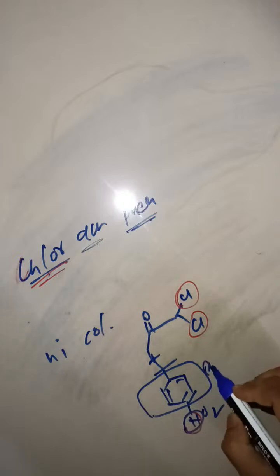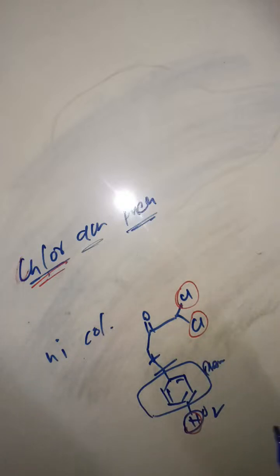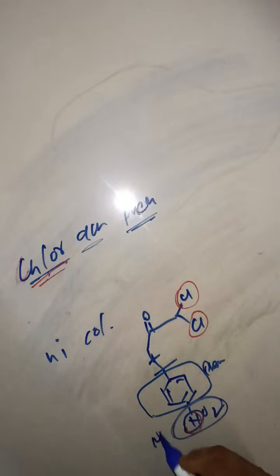I already mentioned it earlier. The presence of nitrogen is also indicated by AM. Then PHEN means the phenyl ring. Again, NI means nitro, NO2.